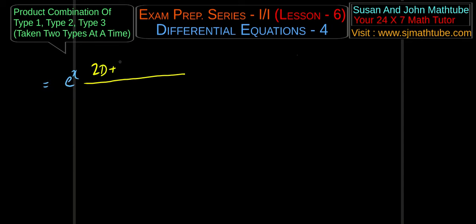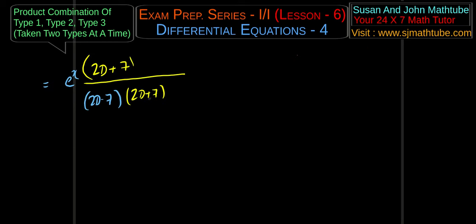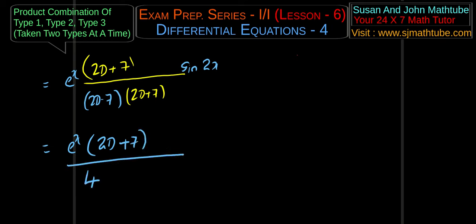So 2D plus 7, 2D plus 7 and then here 2D minus 7 of sine 2x. That's equal to e to the power x (2D plus 7) the whole divided by, of sine 2x.